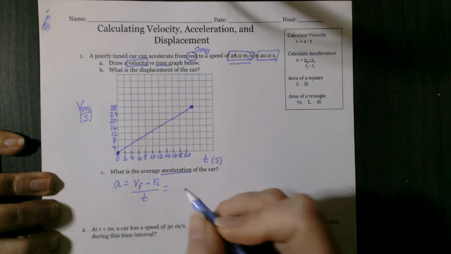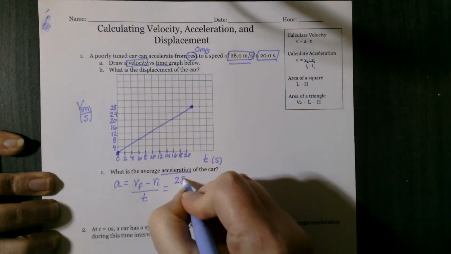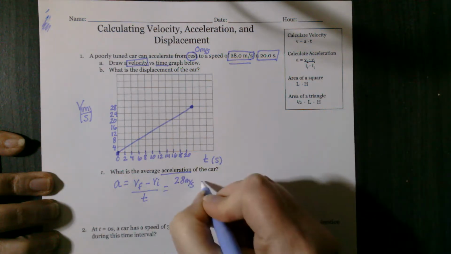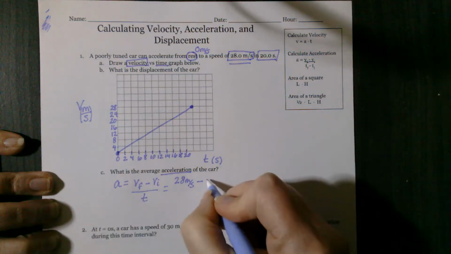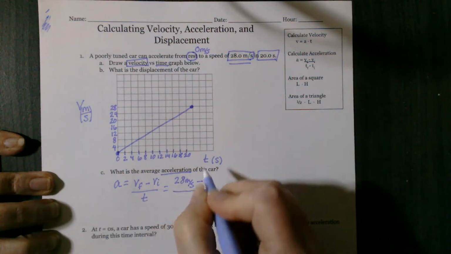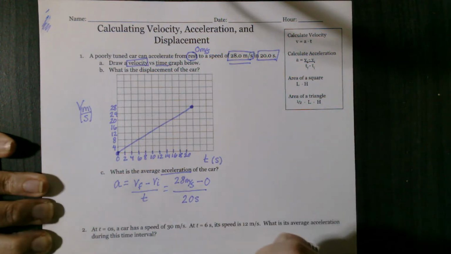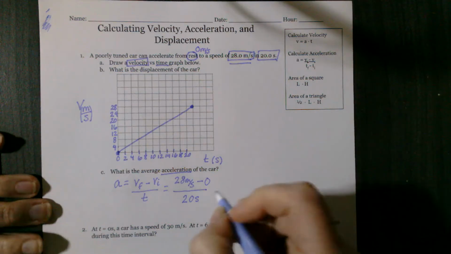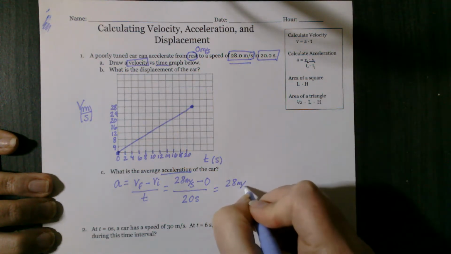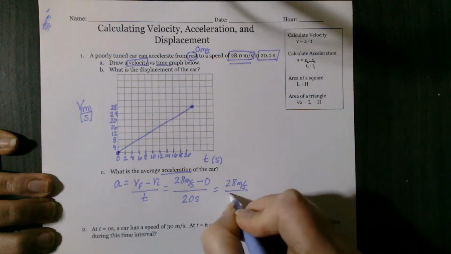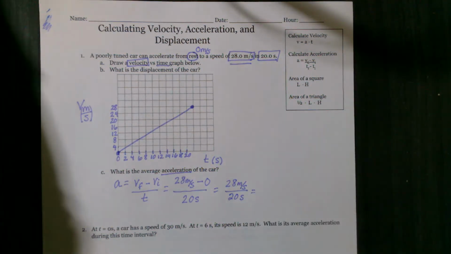And if we do that, we have final velocity is 28 meters per second minus initial velocity, which was 0, over the change in time, which was 20 seconds. So 28 meters per second over 20 seconds. Take a moment and calculate that.